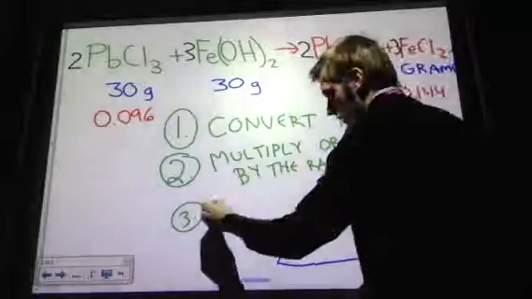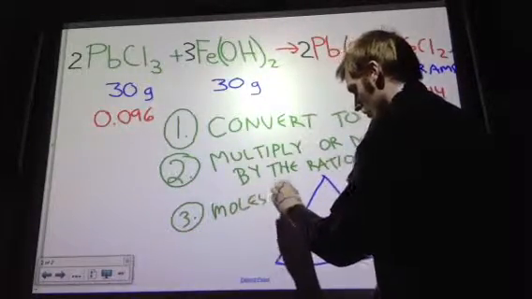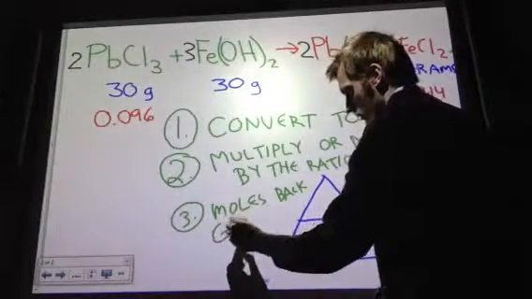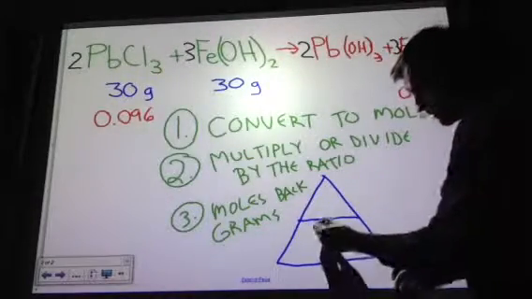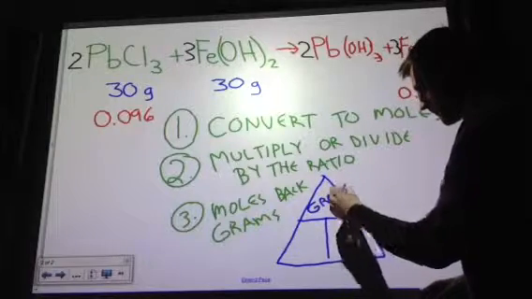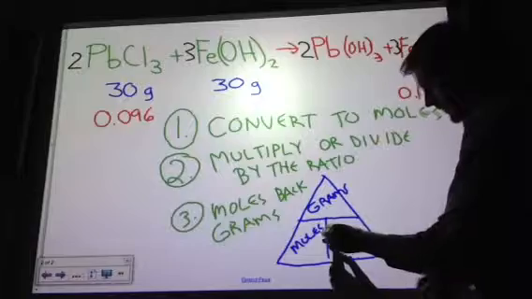Plug the moles back into this to get grams. Alright? So, here's what I mean by this. You get grams on top, you get moles on the bottom, and you have atomic mass.